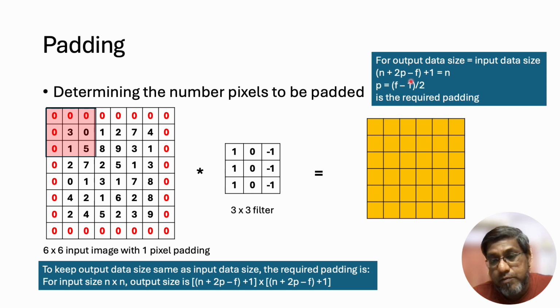So it's 3 minus 1 is 2, divided by 2 is 1. So the number of padding pixels required in this case is p equal to 1, and that is why we have used 1 pixel padding all around the image. And after adding this 1 pixel padding, we notice that the size of the output image is the same as the size of the input image.